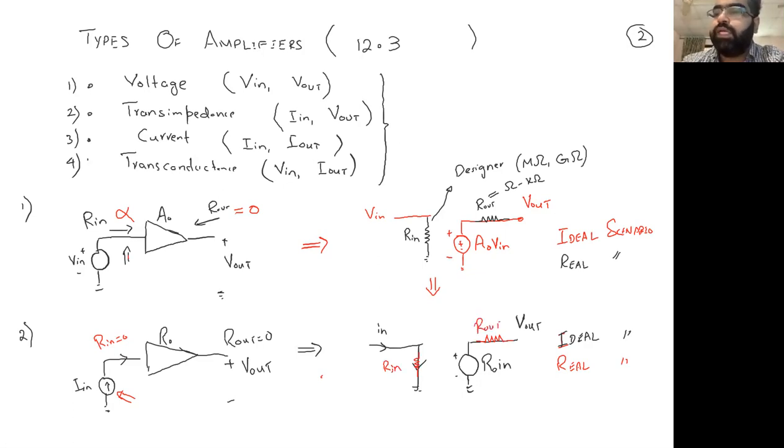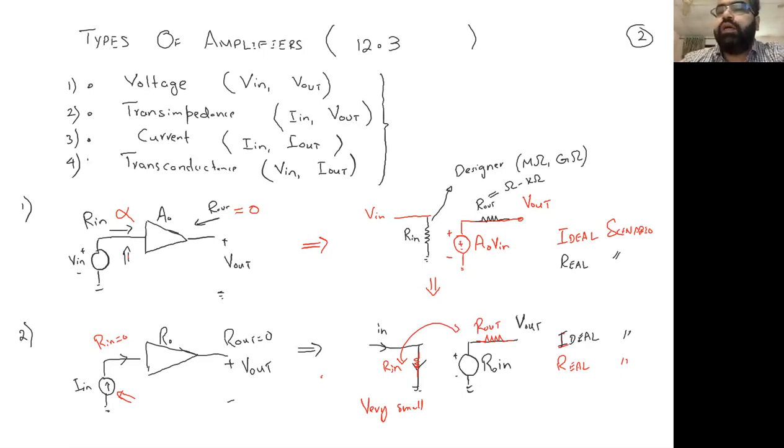And in both of these places, whenever we plug in this R in and R out, it should be very small. You can also link it to the common gate amplifier, where the input impedance is very small, 1/gm. That's why we are feeding current there, and we can use it as a transimpedance amplifier. We are going to talk about it in a moment.